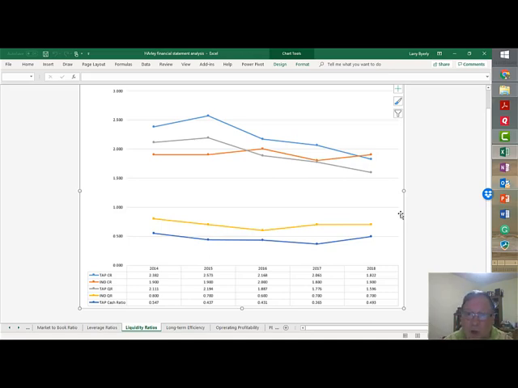So for each one of these sections of ratios, again, there's basically 4 or 5 sections, I would expect to have 5 or 6 pages for each section. So that means this second paper you'll write is on liquidity and efficiency.